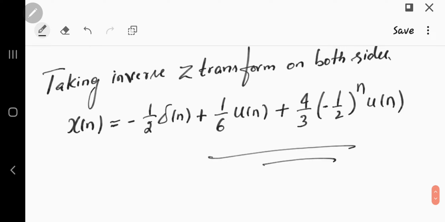So now in the same way, we can try some examples on your own, that is to find the transfer function and all. So try this on your own.